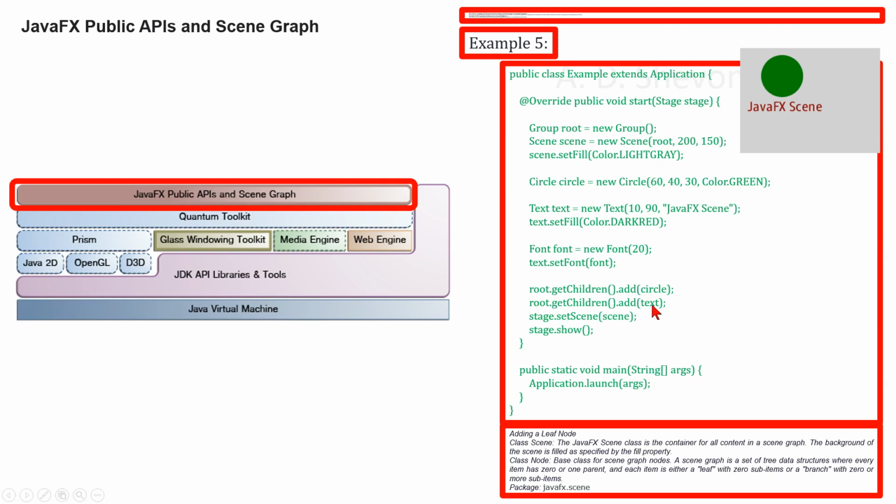And each item is either a leaf with 0 sub items or a branch with 0 or more sub items. This Scene and Node class are in package javafx.scene.